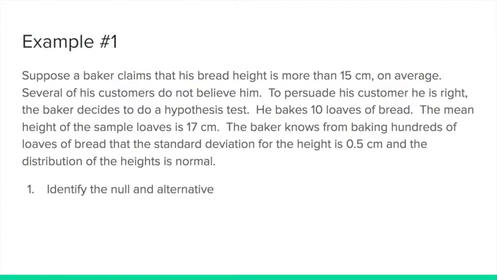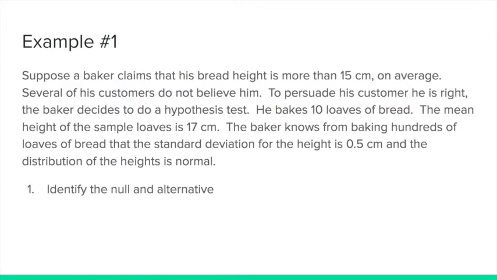The opposite of that would be that his bread is less than or equal to 15 centimeters. So the null will be the less than or equal to 15, because remember the null always contains equality, and the alternative will be that the bread height is greater than 15 centimeters.